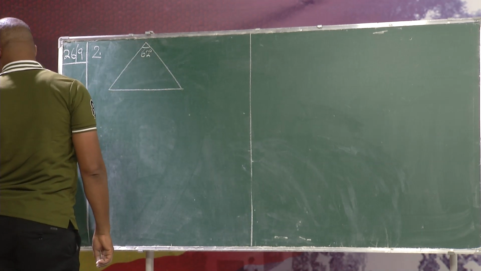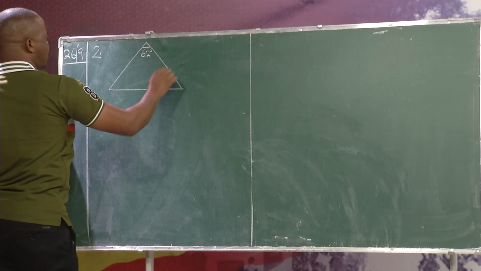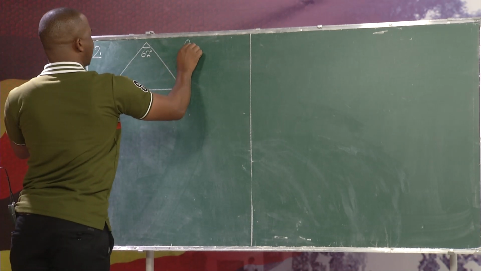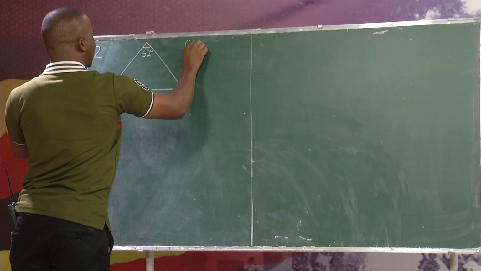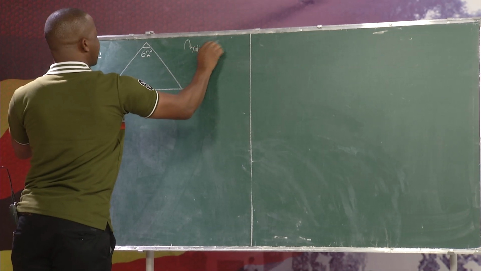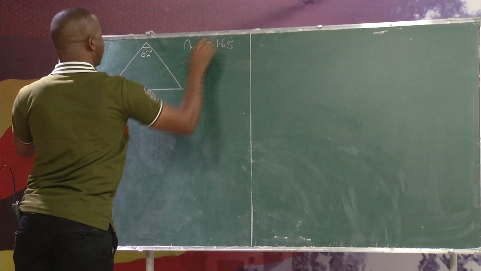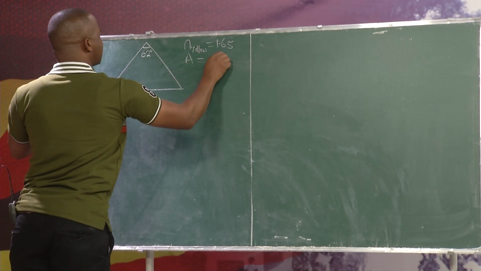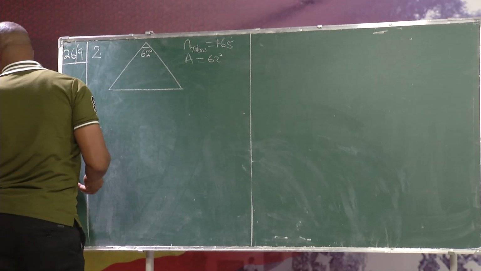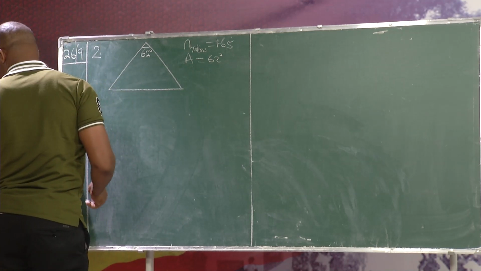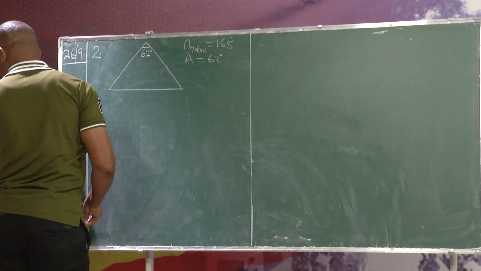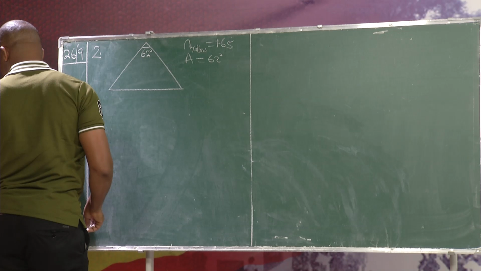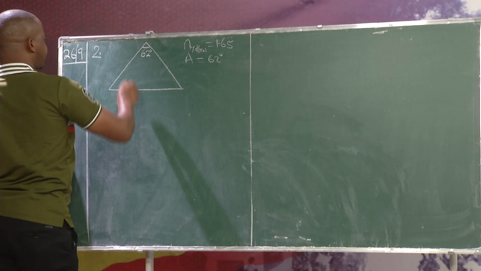And the refractive index for yellow light is 1.65. A is 62. What is the smallest angle of incidence for yellow light which is transmitted without total internal refraction?